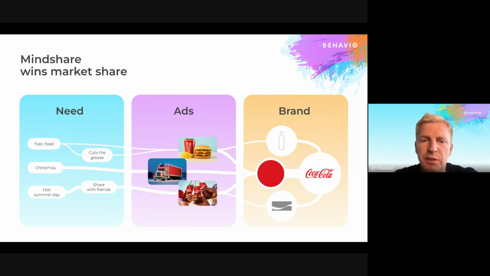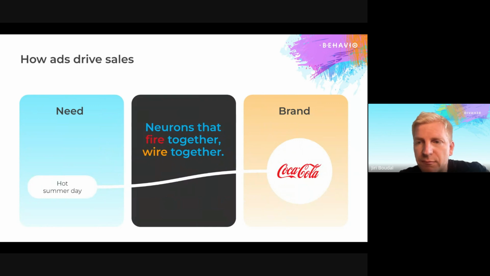Here we have Coca-Cola as one of the examples. It can be different for a hot summer day, it can be different for Christmas, and you want to slowly connect your brand to those important buying moments or benefits through different campaigns, building these links with ads.